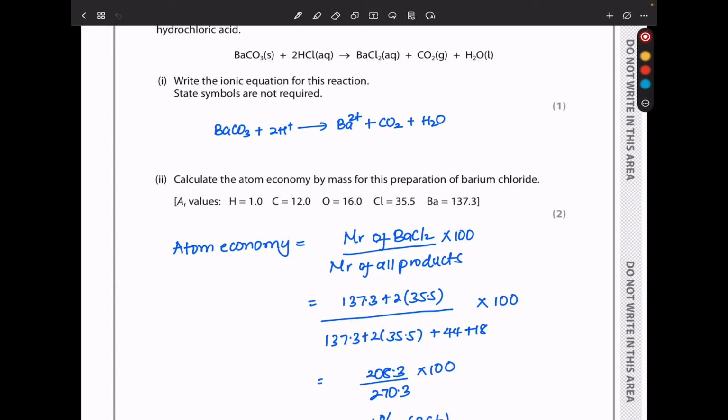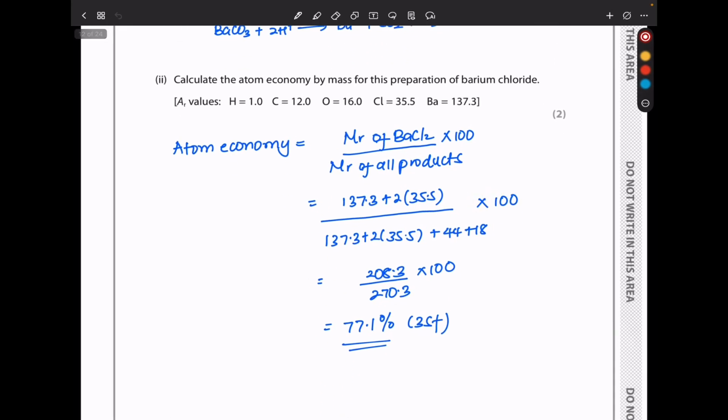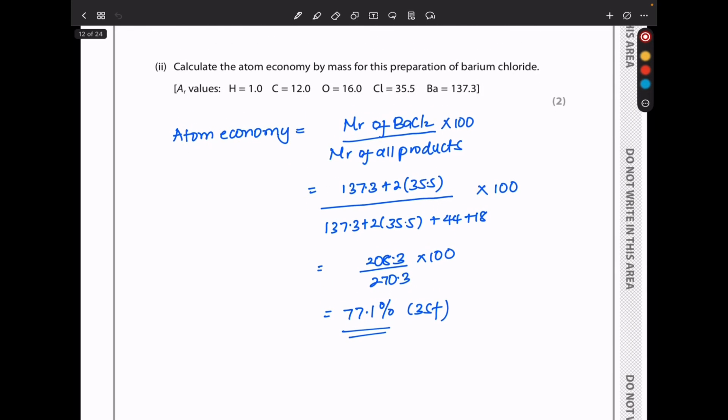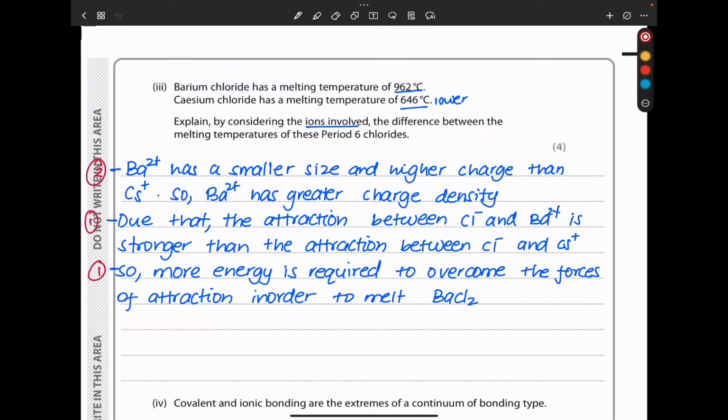So for barium chloride, which is barium plus the 2Cl, 137.3 plus 2 times 35.5, divided by the molar mass of barium chloride, which is already the same as what we have here, plus CO2, which is 44, plus water, which is 18, and multiplying that by 100, I got 77.1%, and this is my answer to 3 significant figures. That is the atom economy by mass.